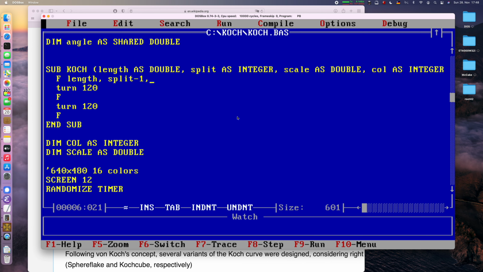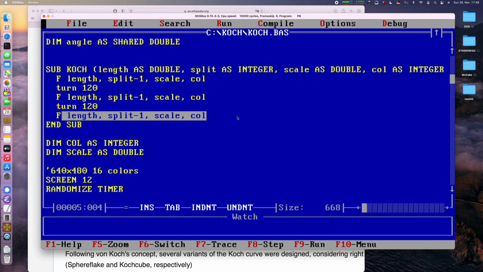This will stop the recursion. If we don't do that, we will get into an infinite loop, which will be bad. The scale, of course, and the color. And we can actually copy all that. And that's it.